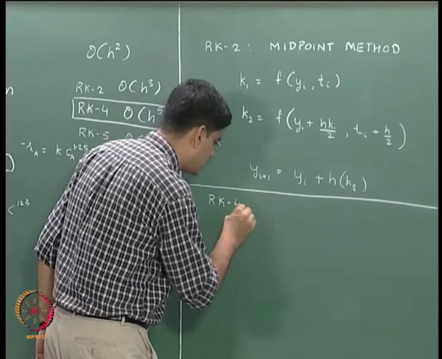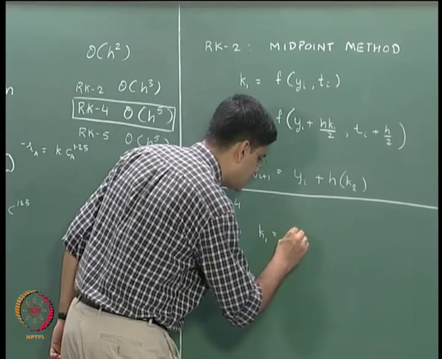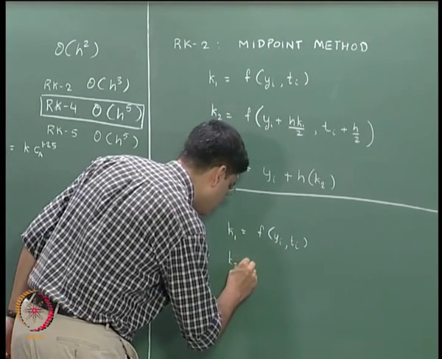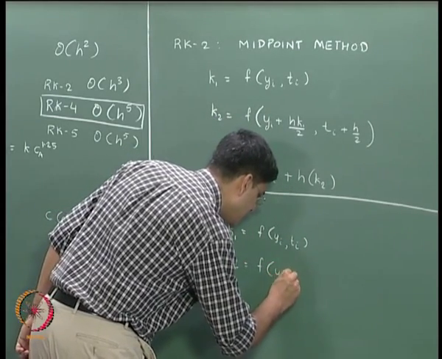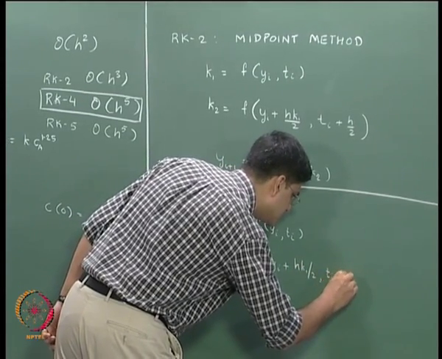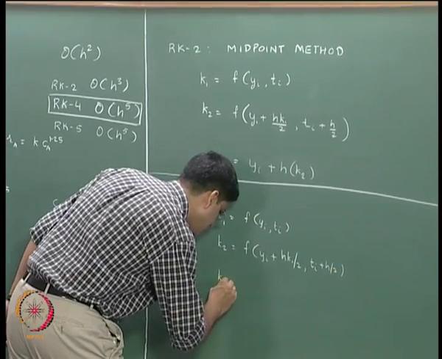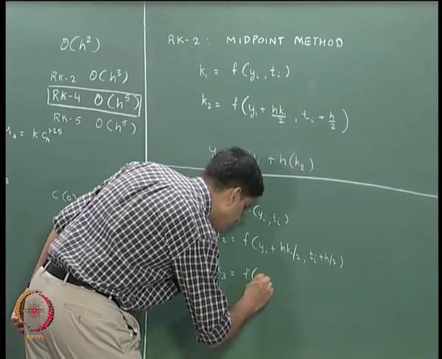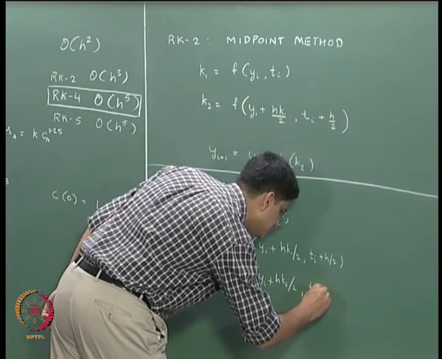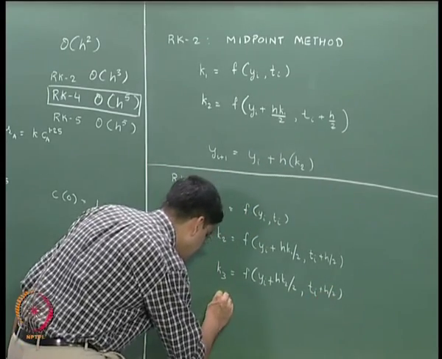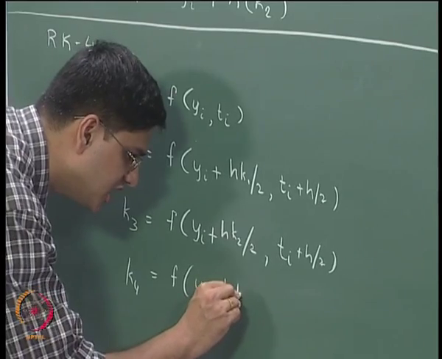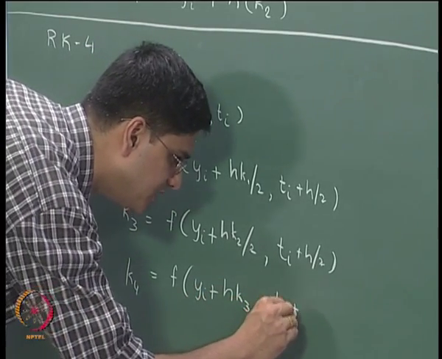And in the RK4 method we had k1 as the same, f of yi comma ti. k2 we computed at f of yi plus h k1 by 2 comma ti plus h by 2. k3 we computed at f of yi plus h k2 by 2 comma ti plus h by 2, and k4 was computed at f at yi plus h k3 comma ti plus h.